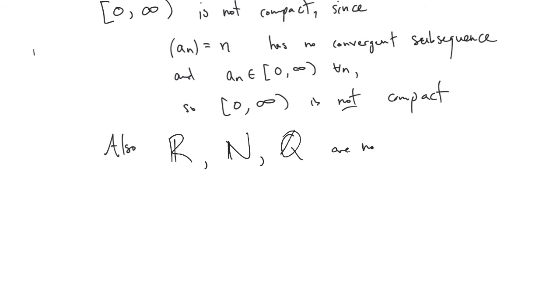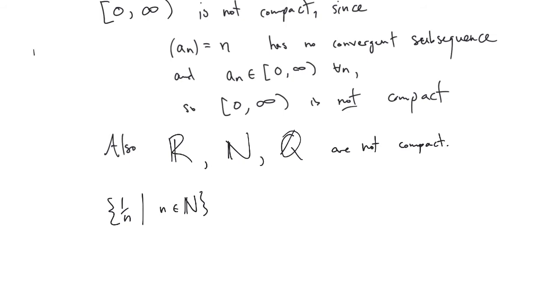How about, here's a different one. Another one of our favorite sets, the set of 1 over n, where n is a natural number. Is this compact? This one's different because it's bounded, right? You have to think, can you find a sequence?